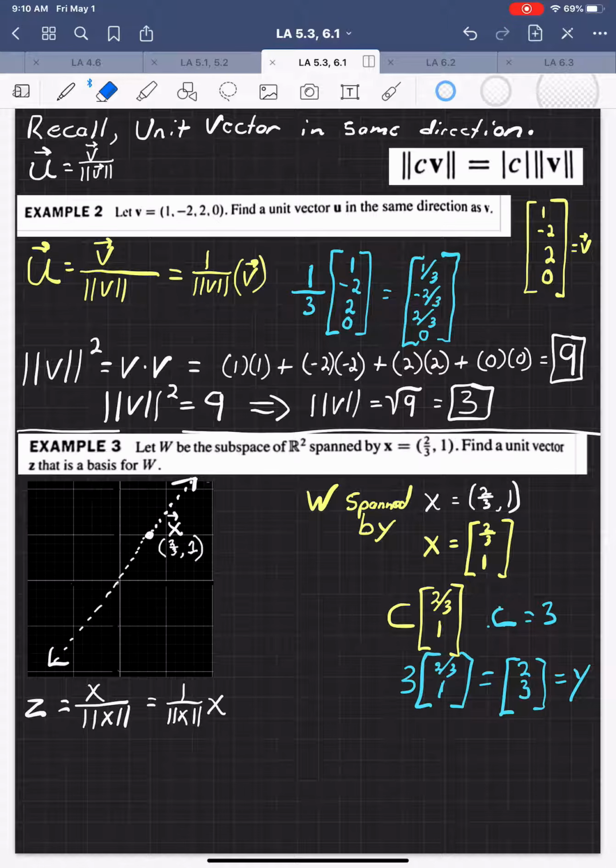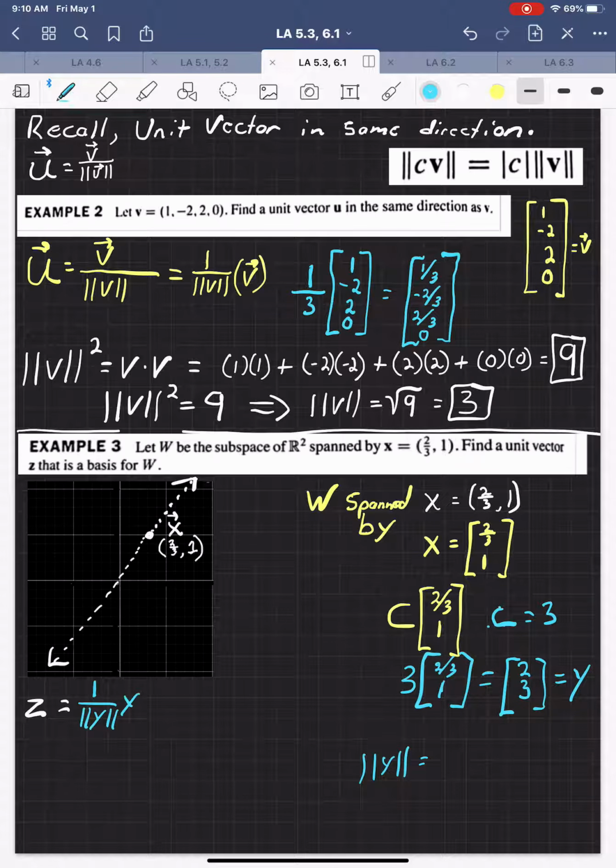So let's start with maintaining its direction and having a unit vector. I had x here just a second ago, but again, since I'm parroting what your textbook's doing, let's rewrite this with the y. So this would be 1 over the magnitude of y multiplied by y. All right, well, let's start with what is the magnitude of y.